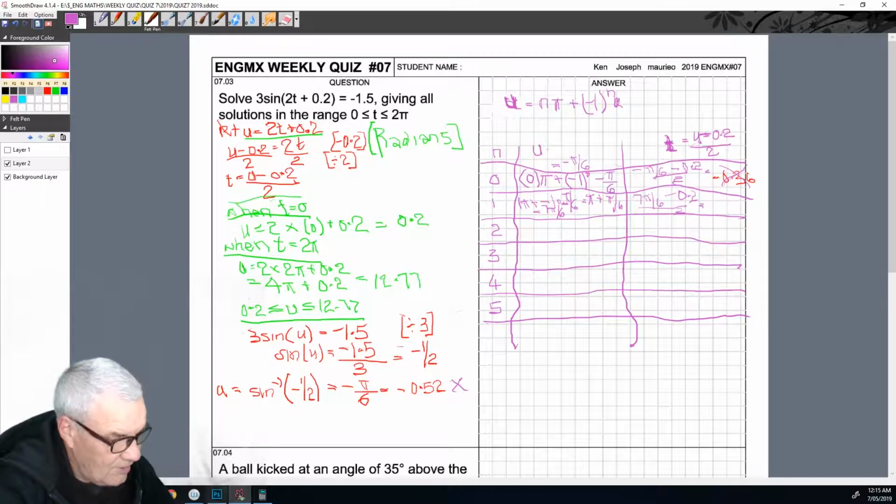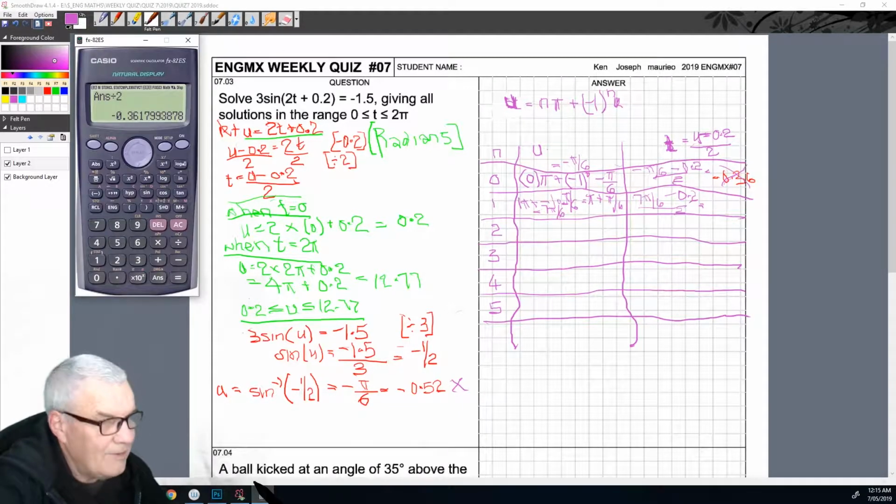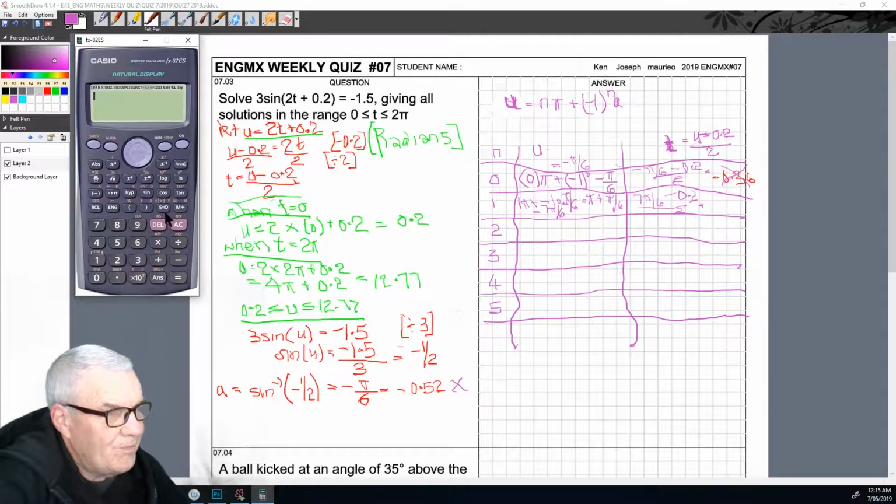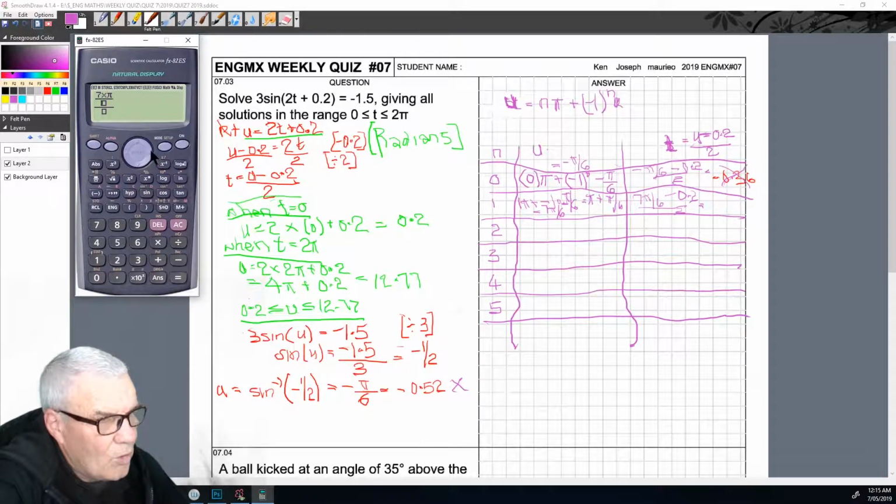Equals, all right, so let's get our calculator going here. All clear, so let's put that there. And then again, up here we're going to go 7 times pi by 6 minus 0.2 all over 2.